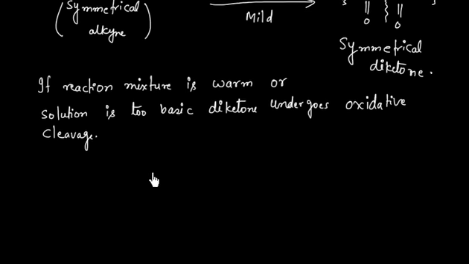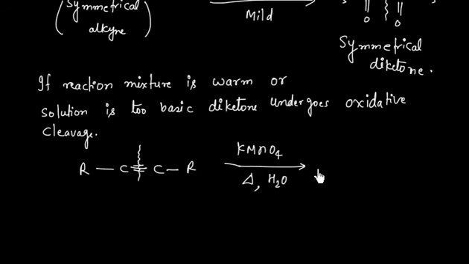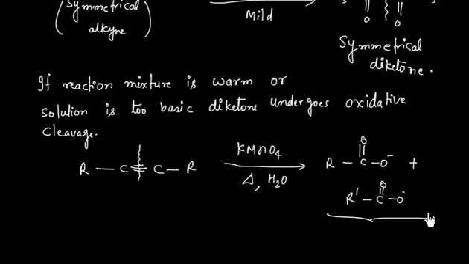What does this mean? Let us say I have an alkyne, and if this is treated with KMnO4, and let us say KMnO4 is hot, this is aqueous. In this case, we will have initially diketone, but that diketone will undergo oxidative cleavage and it will form salt of acid. So it will form 2 salts of acid.